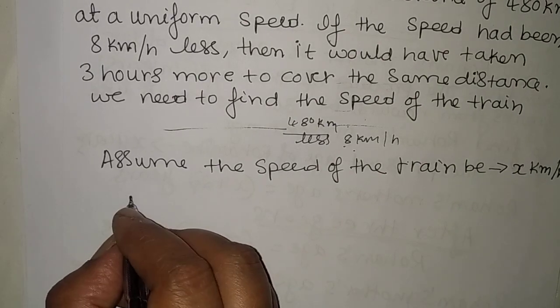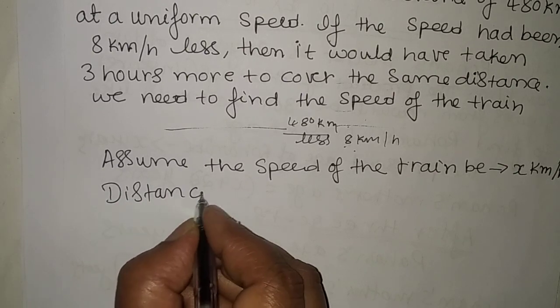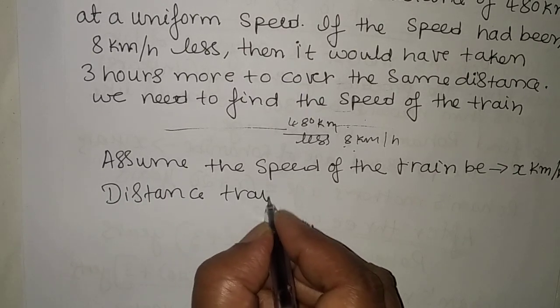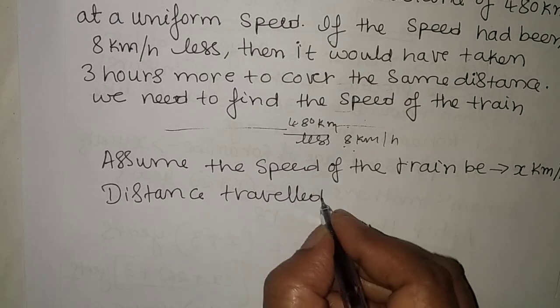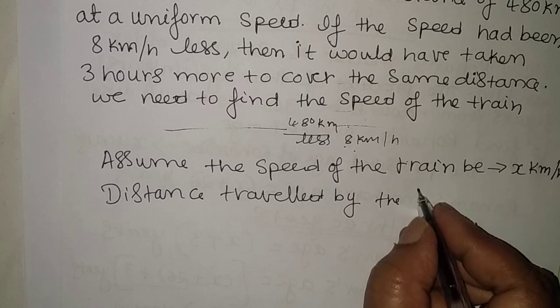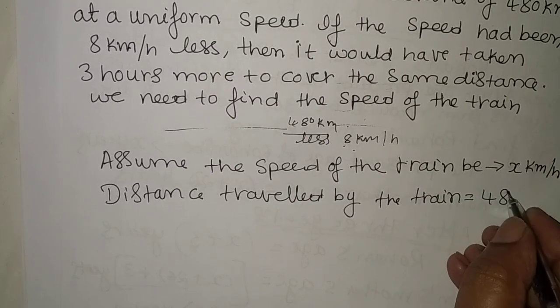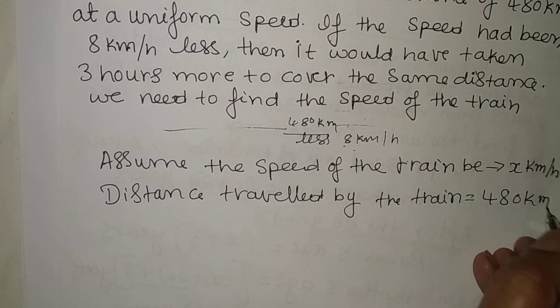Okay, next is the distance traveled by the train. Distance covered by the train will be how much? It is equal to 480 kilometers.